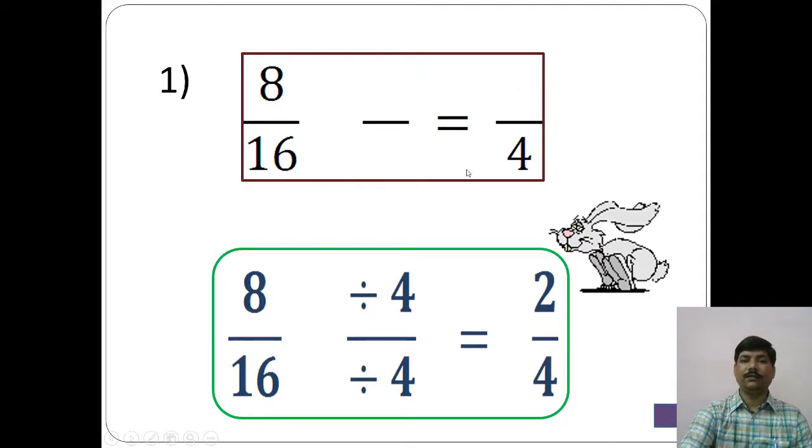So how will we get 4 from 16? By dividing. By which number? By 4. So this number will be divided by 4. 16 divided by 4, we are getting 4. Now 8 divided by 4, we are getting 2. So the new fraction will be 2 by 4.